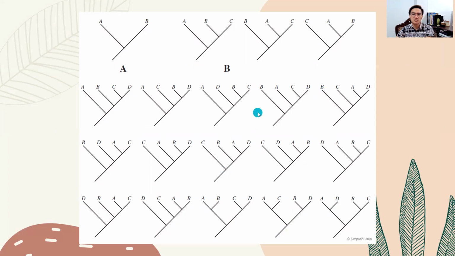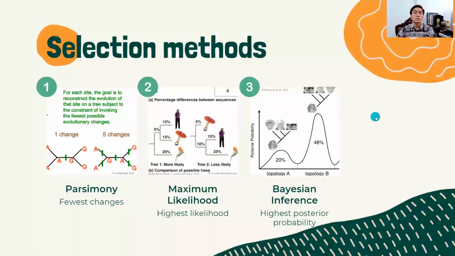So it's hard to choose which one, especially if all of these are valid, if all of these have equal genetic distances. Which tree do we use now to represent the evolutionary relationships between the different OTUs? Okay. And that's exactly why we have what we call selection methods.